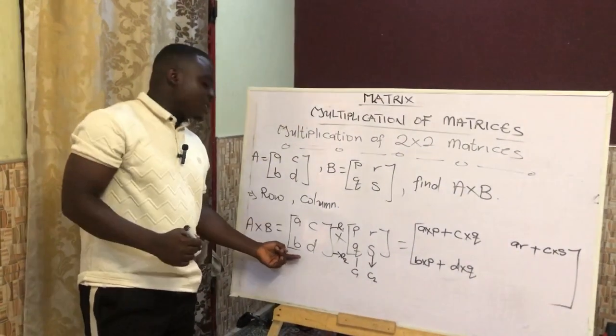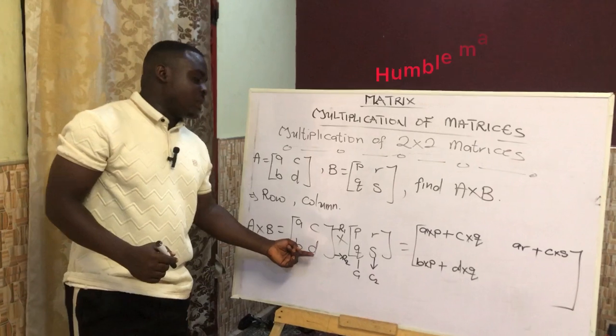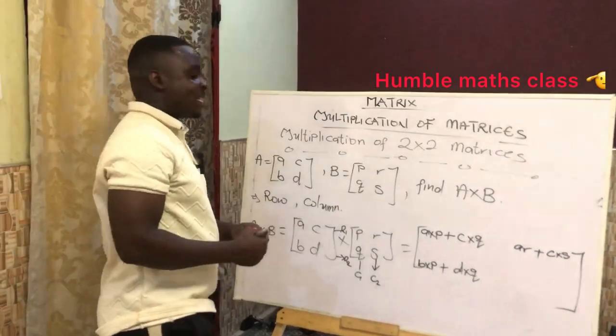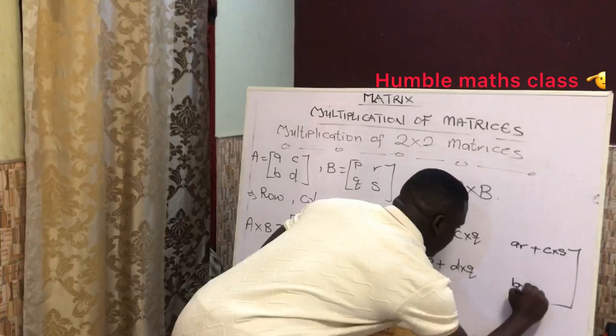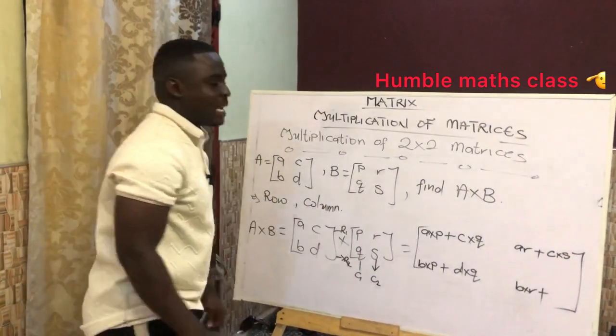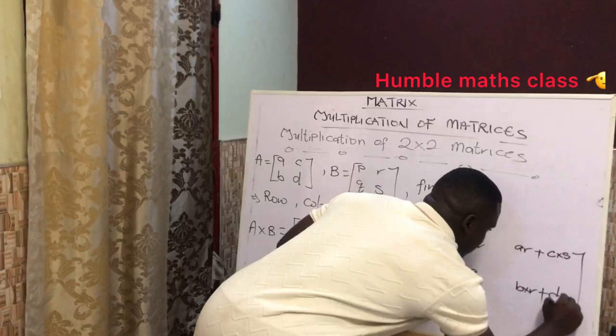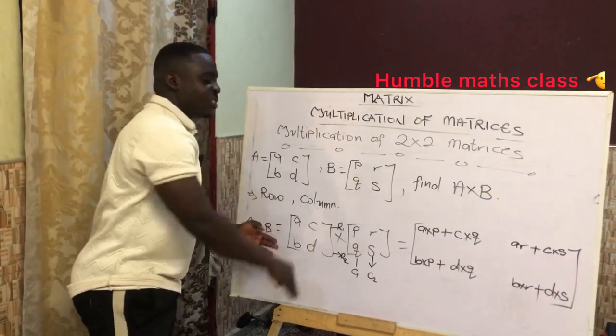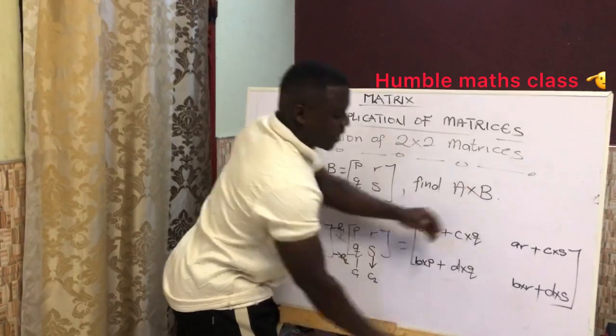So when you come to the basement, we have B, D multiplying R and S. So B multiplies R to what? B times R plus D multiplies S to be D times S. So when you multiply these two matrices, this is what you're going to get.